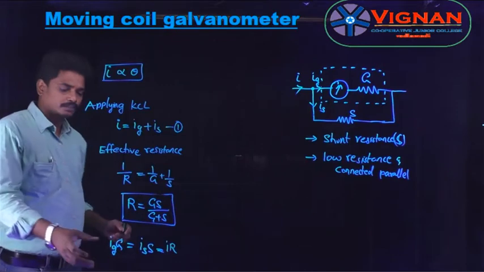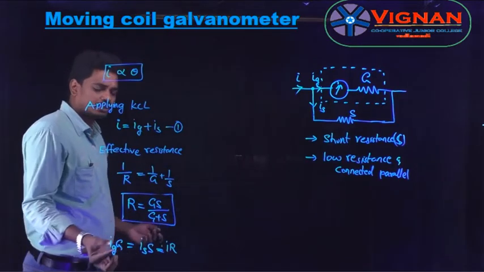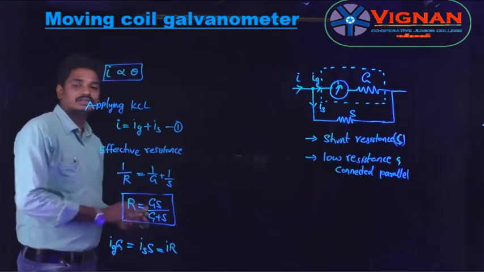From this we can calculate the current flowing in the galvanometer and the current flowing in the shunt resistance.